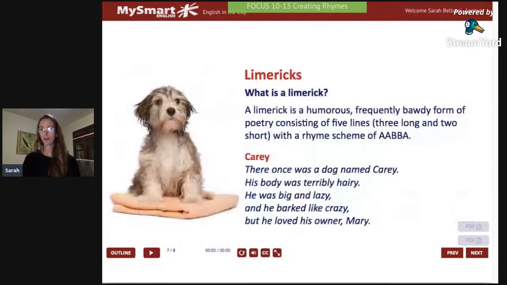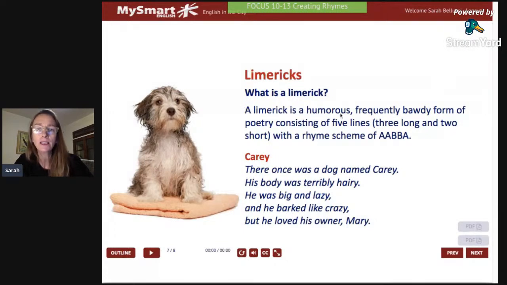Limericks. Okay, so I'm curious to know, what is a limerick? Okay, here it tells us exactly what a limerick is. In a moment I'm going to tell you where limericks come from. So that's going to be the question. Let me read this for you first.